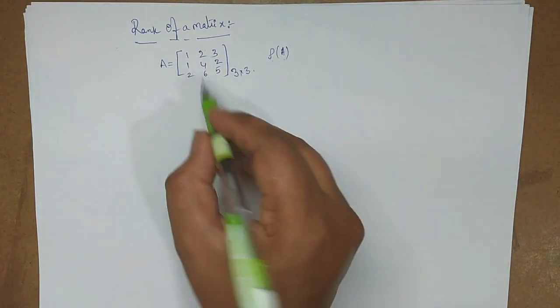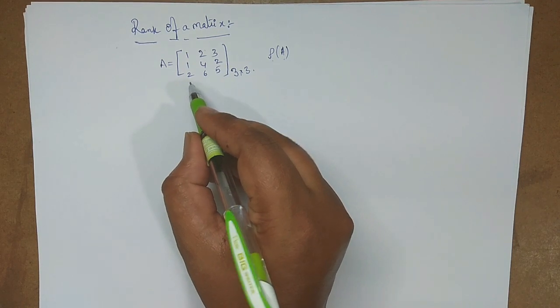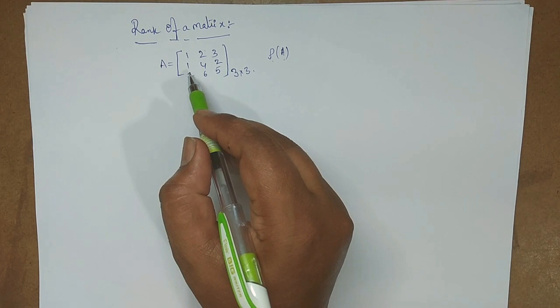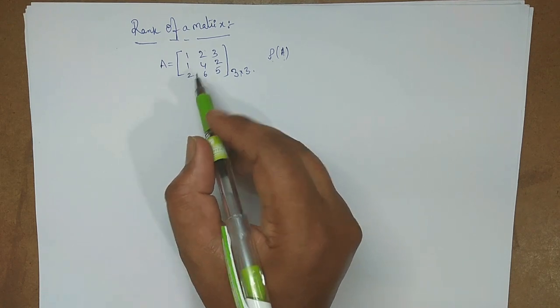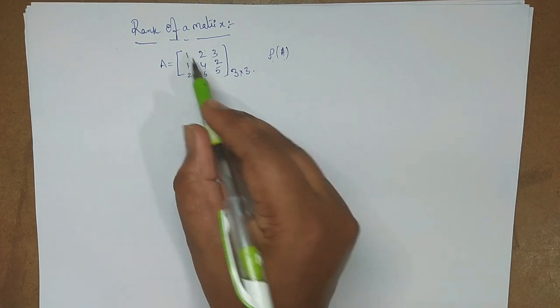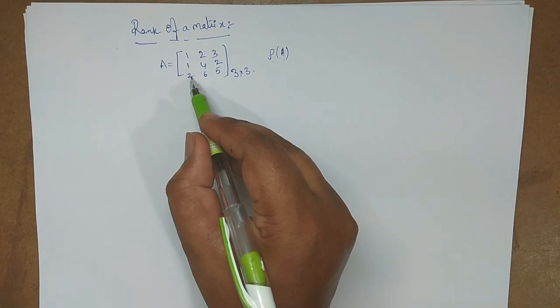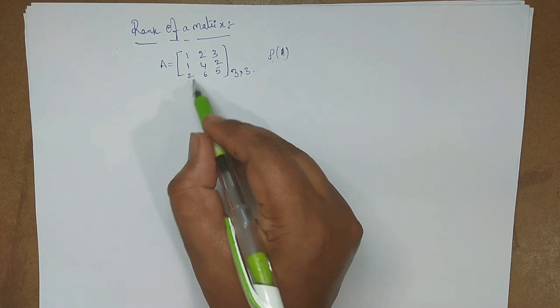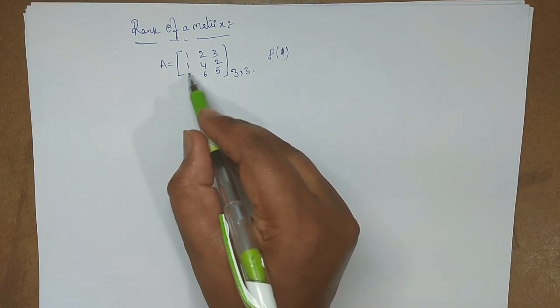The first operation I'll do is to make this element 0. For that I have to subtract this from this, and also I have to make this 0. So 2 times this minus this will make this element 0.